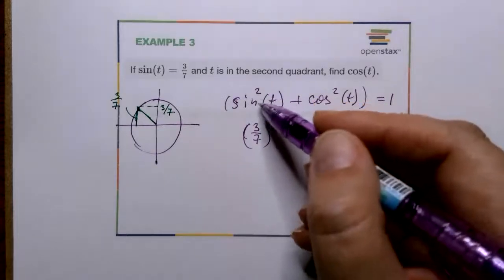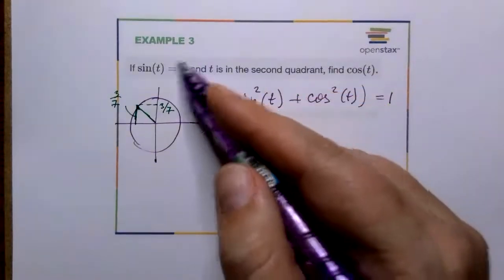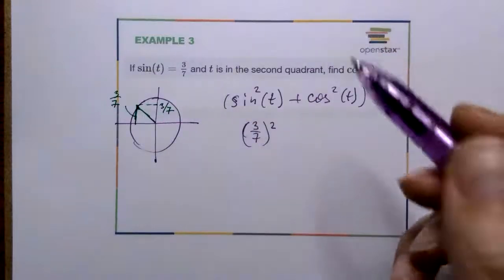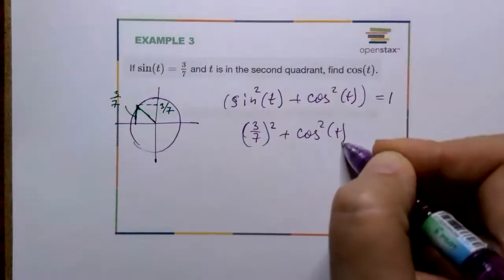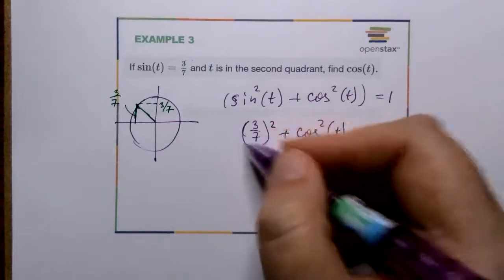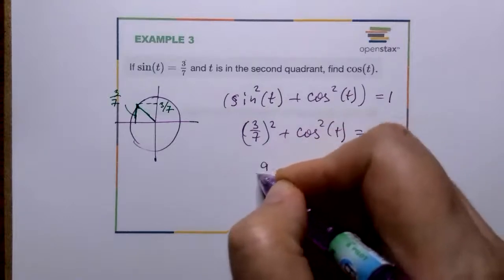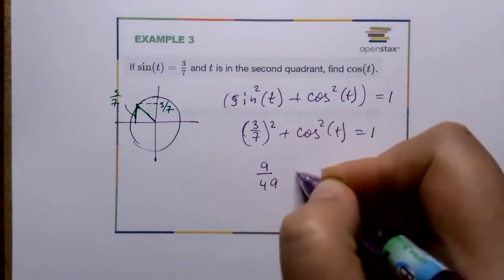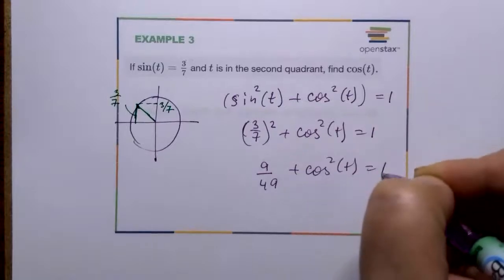Don't confuse it with 2t. This is a square sign, and it means whatever the sine is, square it. Plus cosine squared t equals 1. Now, 3/7 squared would give me 9/49. Cosine squared t equals 1.